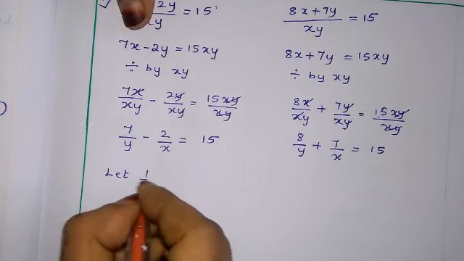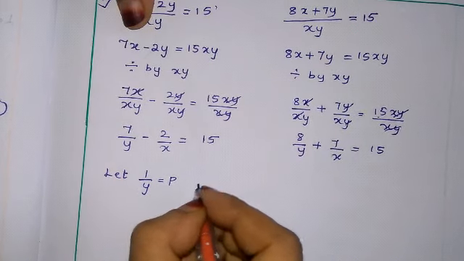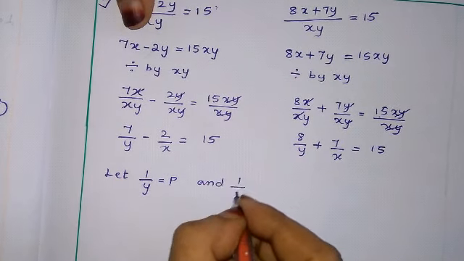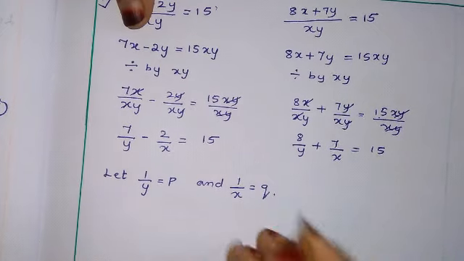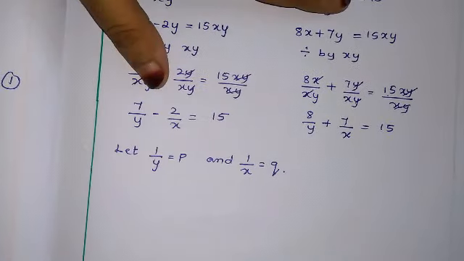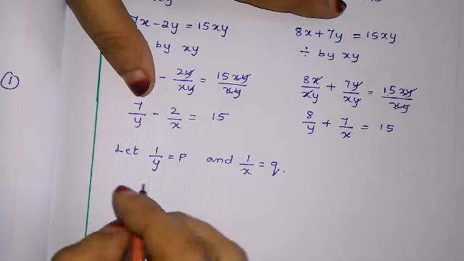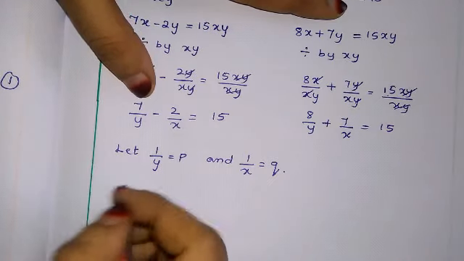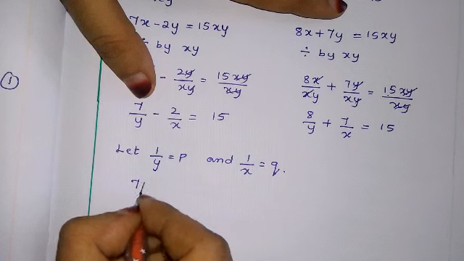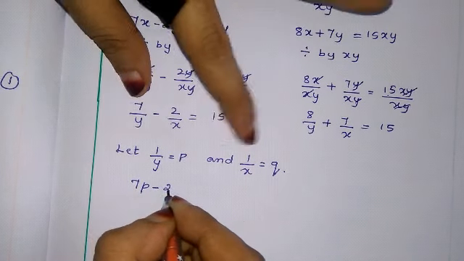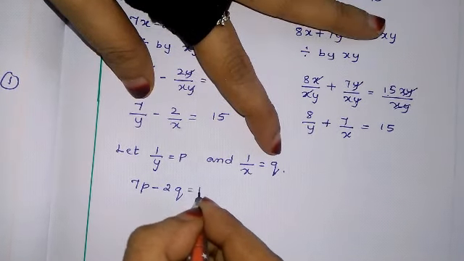Now we will assume here 1 by y is first. So let 1 by y is equal to p and 1 by x is equal to q. So let us write now. 7p minus 2q is equal to 15.